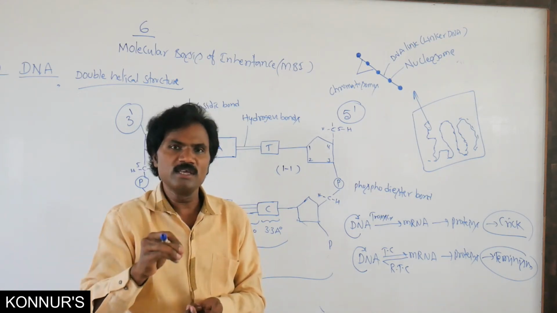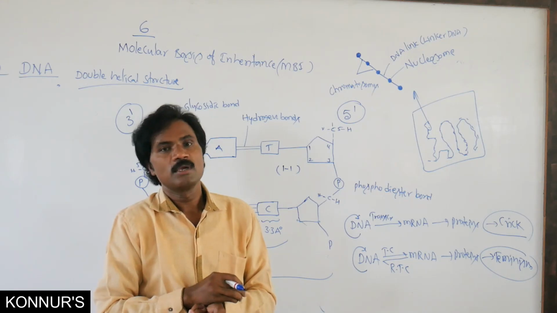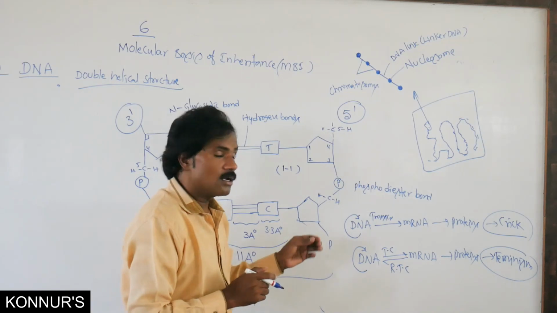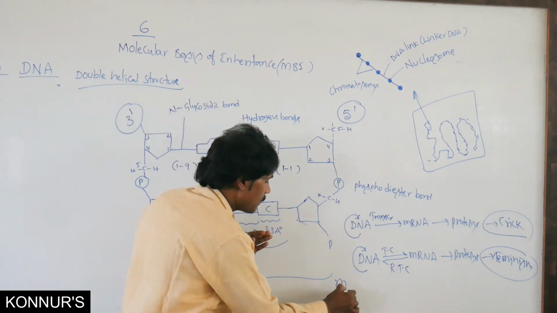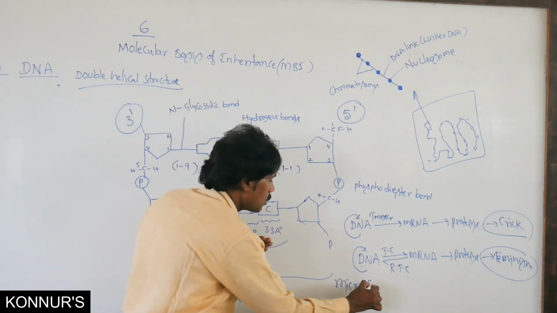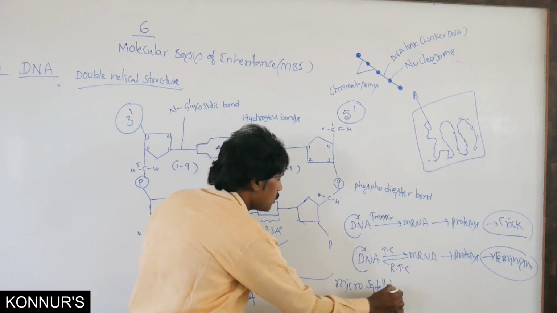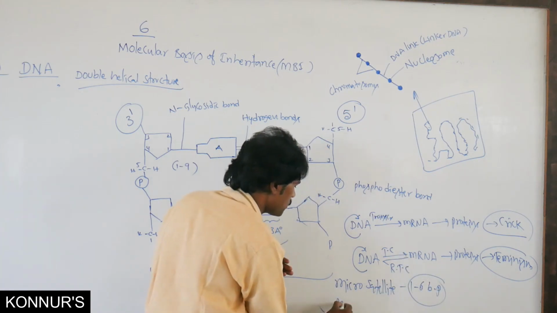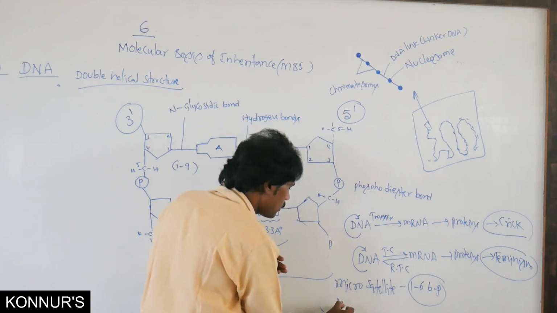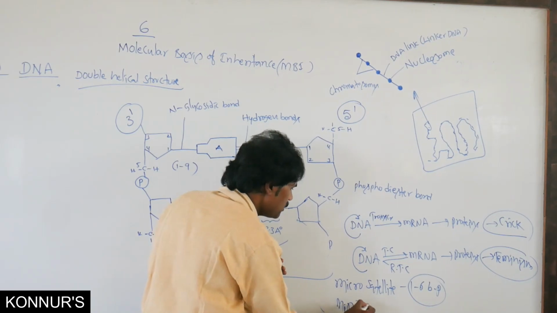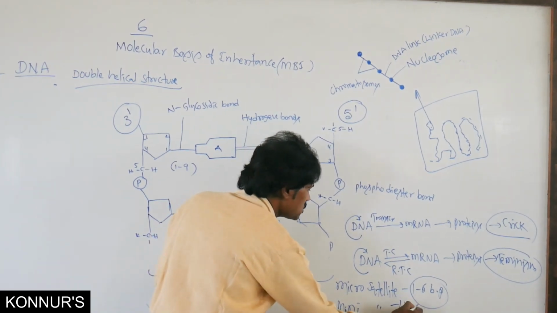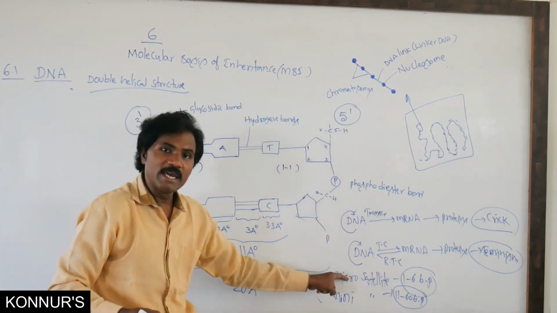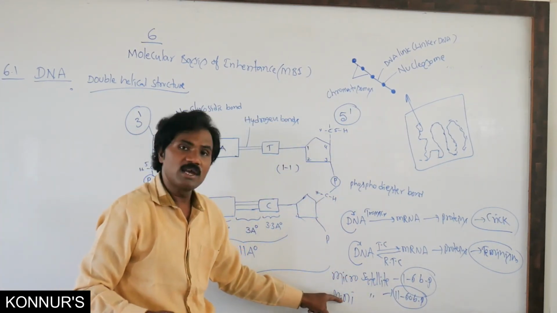So remember: microsatellite, 1 to 6 base pairs repeated; minisatellite, 11 to 60 base pairs repeated.